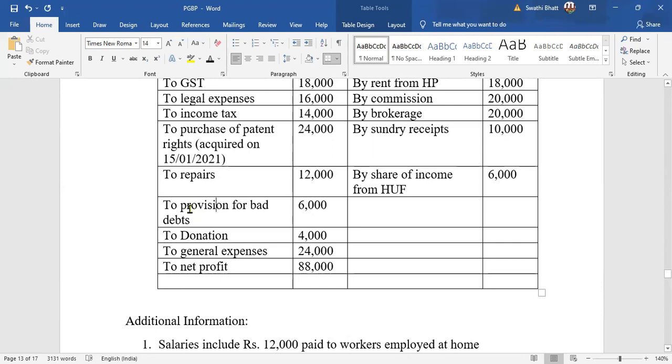Next one is provision for bad debts. Please remember, any provision or reserve is strictly disallowed according to the IT Act. So the minute you see the word provision for bad debts, reserve for bad debts, provision for GST, it's all disallowed. The Income Tax Department will not let you show these provisions as expenses.